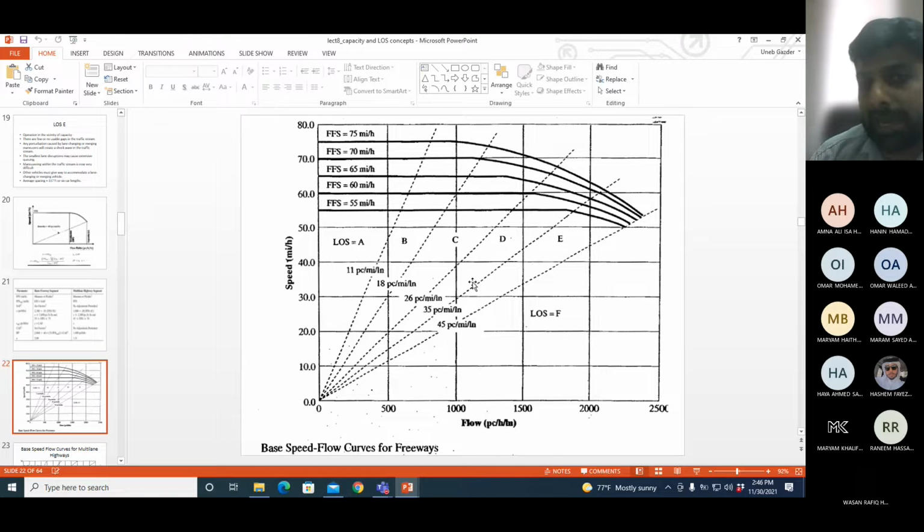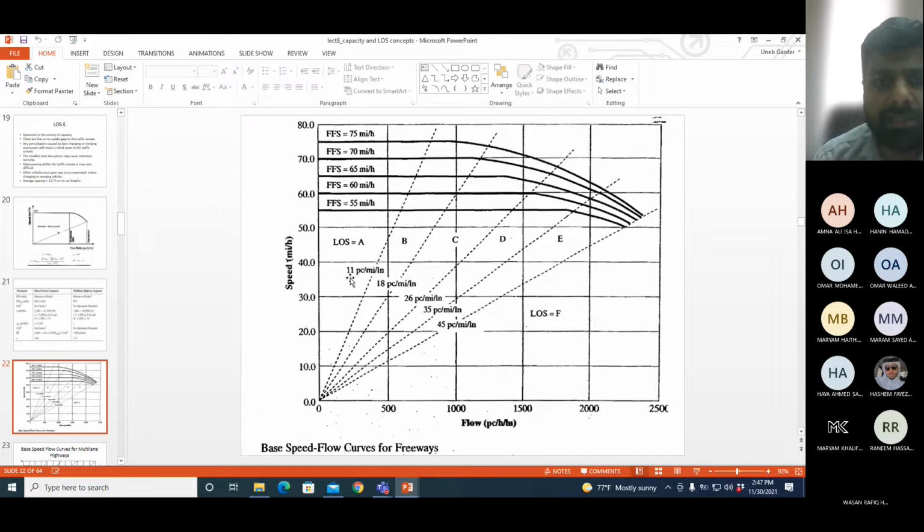Now with the capacity line, they have plotted some additional diagonal lines here for each level of service. And again, these are plotted using the same approach which we used for the capacity line, that is using density. So for each level of service, the maximum density is fixed. The Highway Capacity Manual gives the maximum density for each level of service, which you can see here.